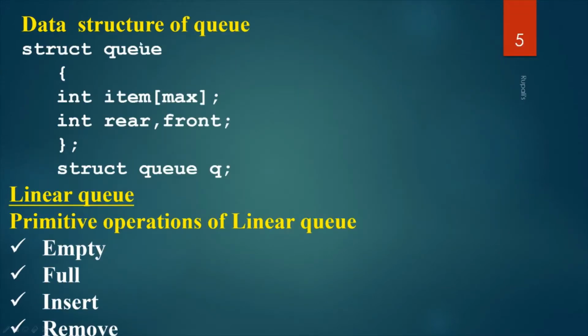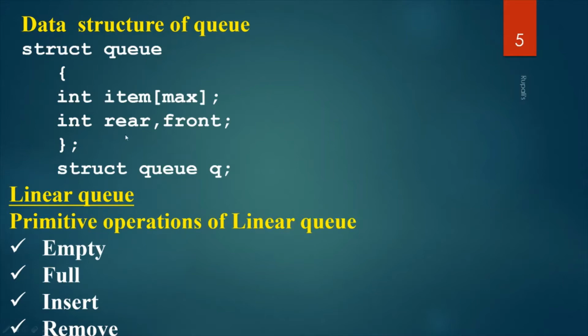The data structure of linear queue is, first you have to define one user defined structure queue. You have to write the keyword struct. The name of the structure is queue. It is an integer queue. So I have to declare one integer array item, and max is the maximum number of elements that this particular queue holds.